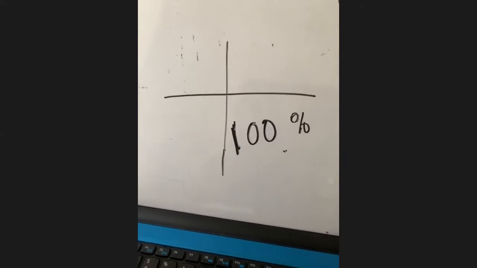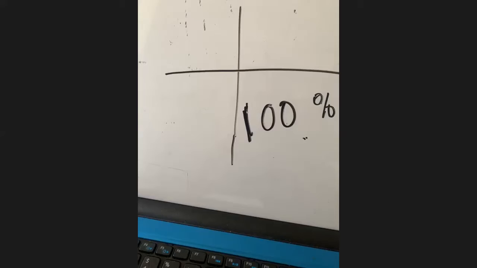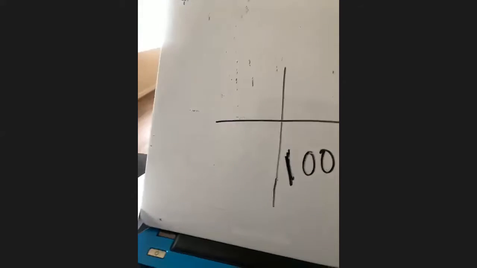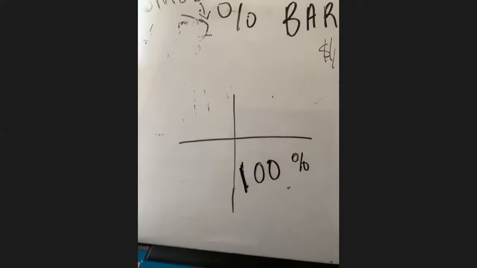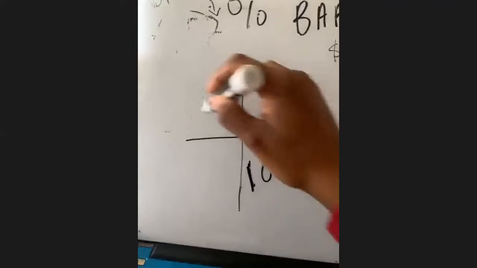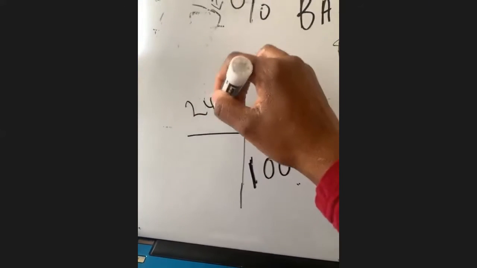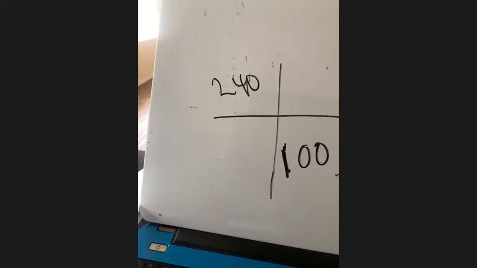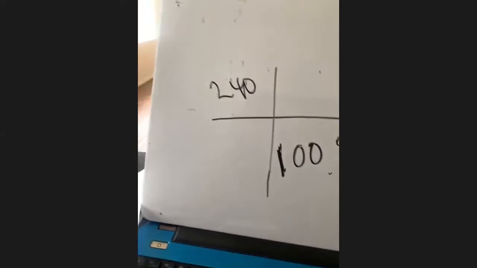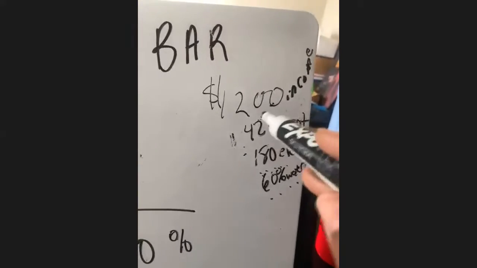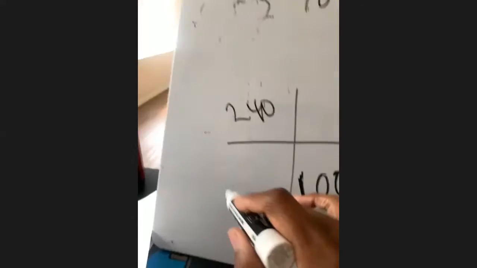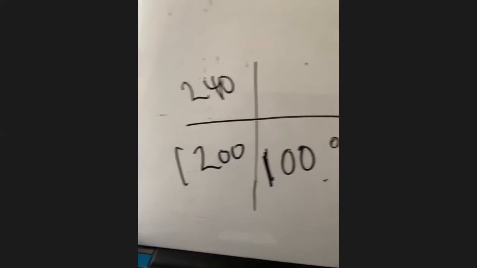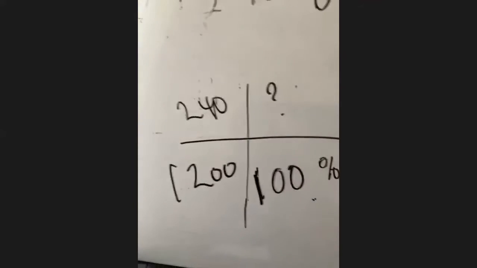Let's put it like this: I'll give you $240 towards food. So 240 is the part, because the whole is what? What did we say the whole was? The whole was 1,200 of income. So we'll put the 1,200 here, and we need to find the percent.